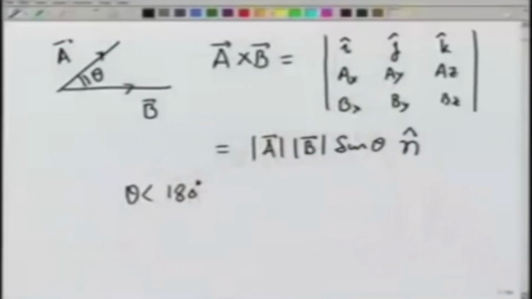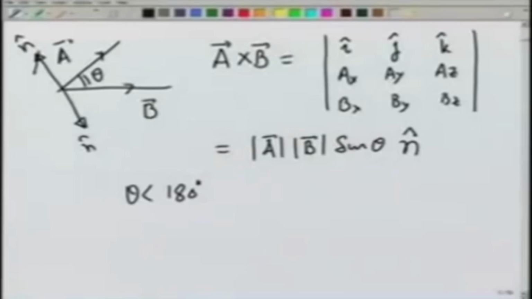So, it will be somewhere like this, maybe coming out of this plane of the board. How about whether n is this way or this way? This is answered by the right hand rule. You turn A towards B through the smaller of the angle, and the thumb gives you the direction of the vector product.